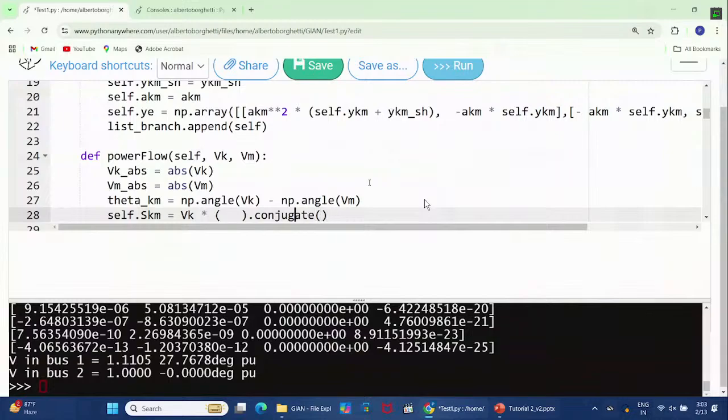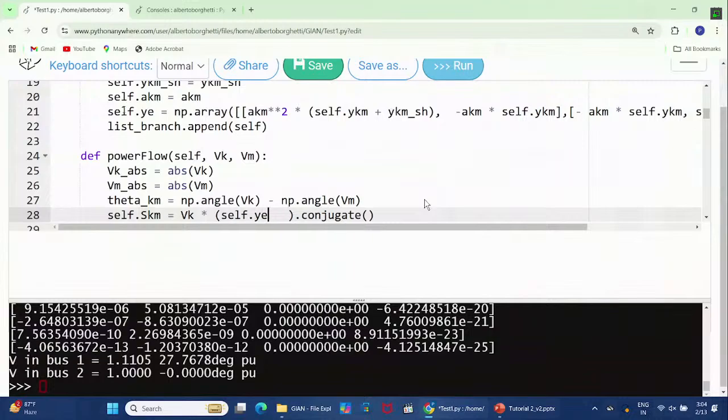Here we need to write the current, so the elements of the admittance that are in self.Y here, multiplied by the voltages. So we take the first two elements of self.YE, the elementary admittance matrix.